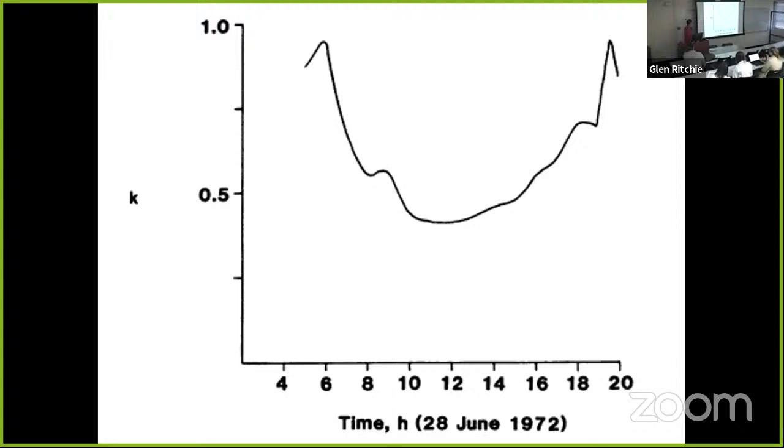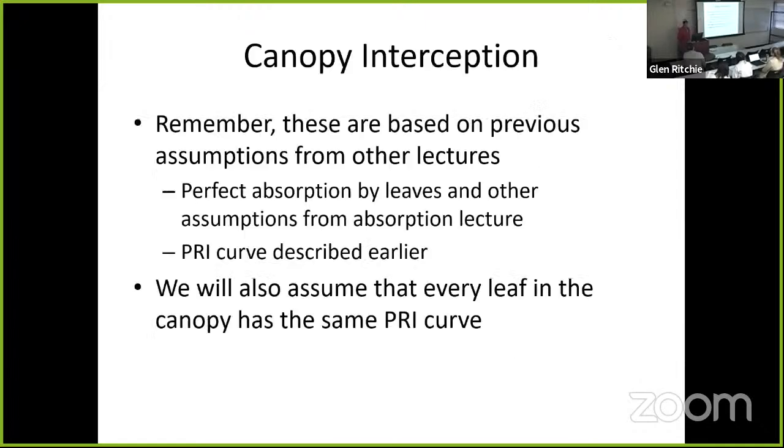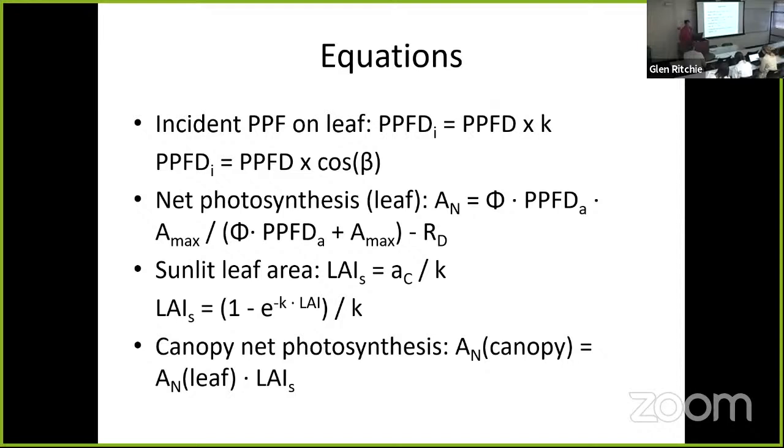They're showing the K values of this crop canopy over a day. And you see that the K values change depending on the solar angle and the leaf angle. These are the equations that I used to get to the equation that we just did. Try them out if you want to. They're also in the Excel file.